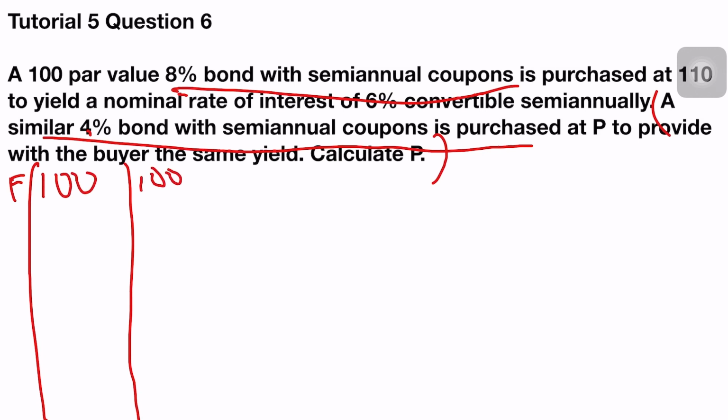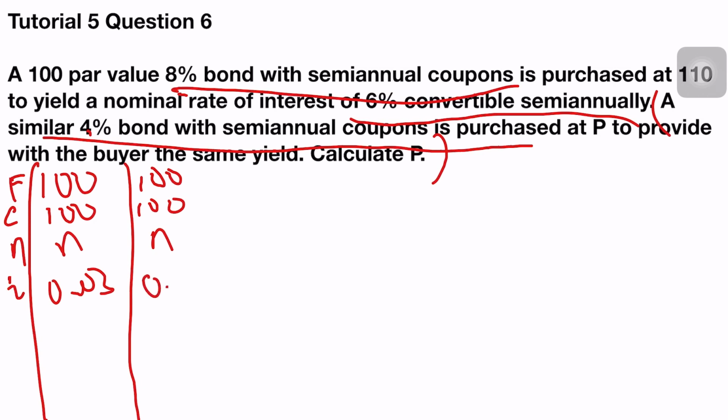Since the redemption value C is not stated, we can take C equals F. And N is not given, so we can leave it like this. And I is 6% convertible semi-annually, so it's 0.03.